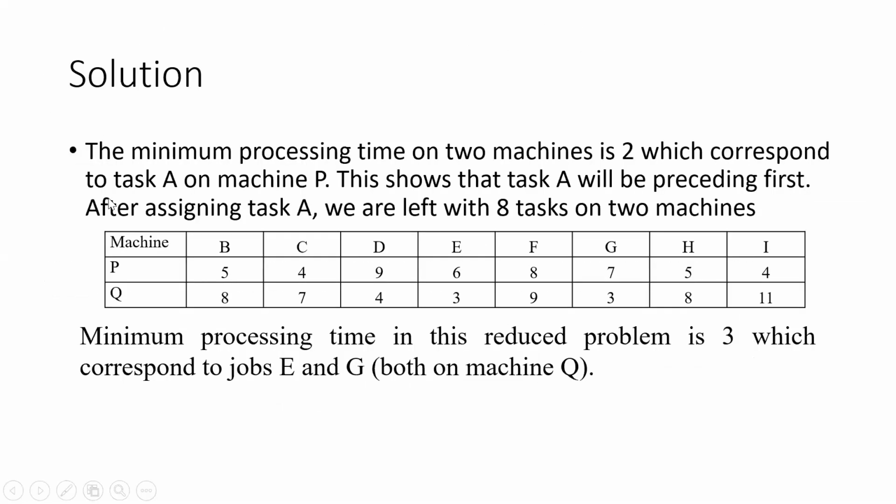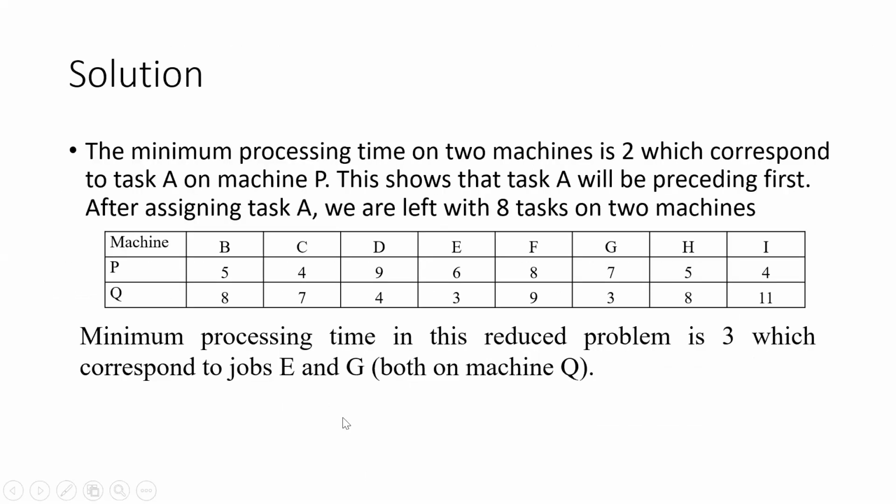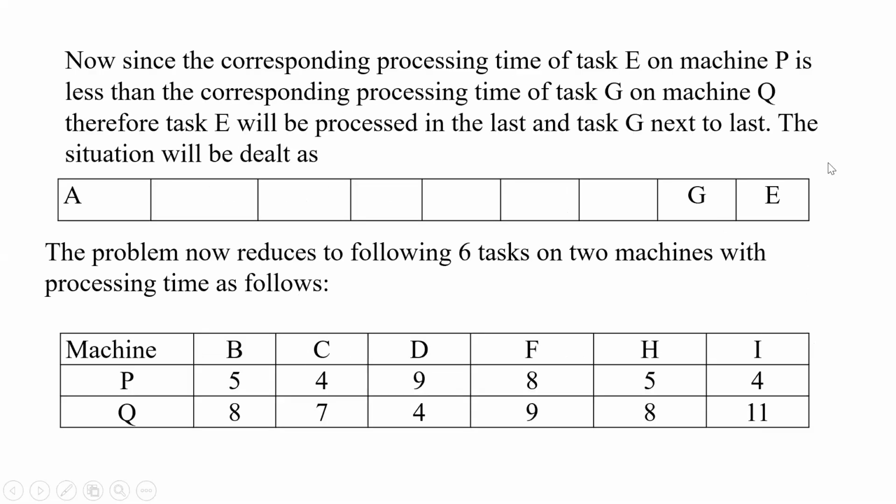Then we found 2 jobs of the same time, and they are both on the same machine, E and G both are of size 3 on the Q machine, so we will keep them last. We can keep E and G or G and E. It's one and the same thing because the time is the same.